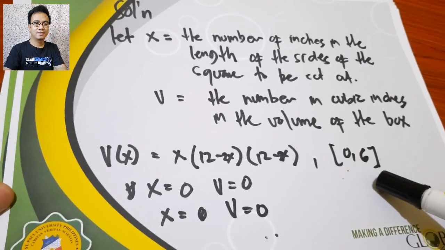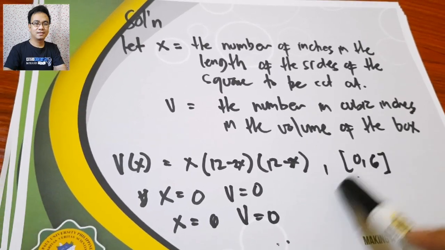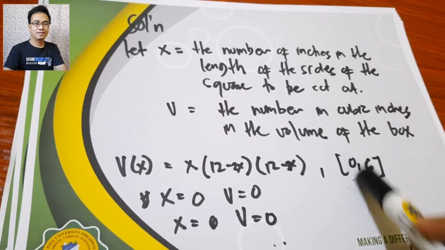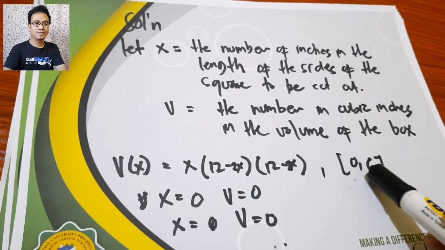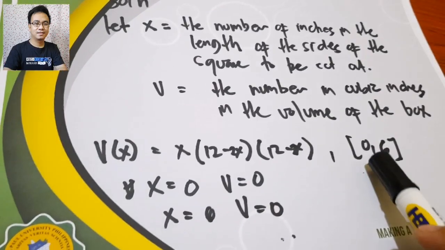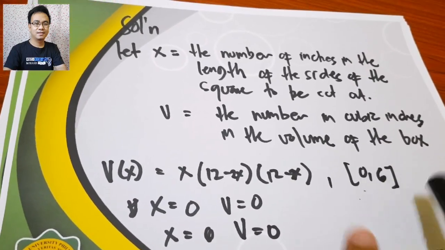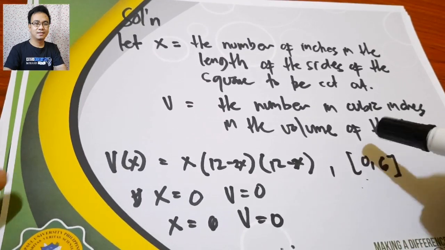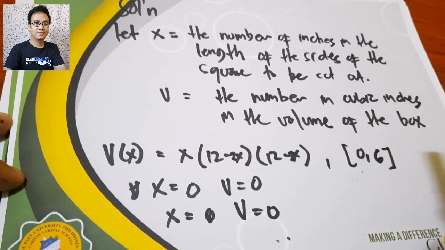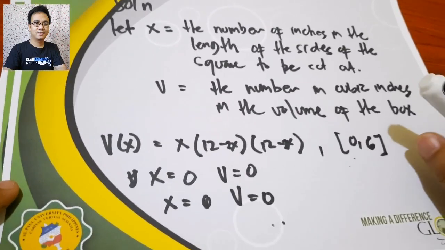We also know that this absolute maximum value of v must occur either at our critical value or critical values inside this closed interval 0, 6, or at the endpoint of the interval. Endpoint means either it is from 0 or from 6. That's our endpoint. And our critical value is found inside our closed interval 0 and 6.